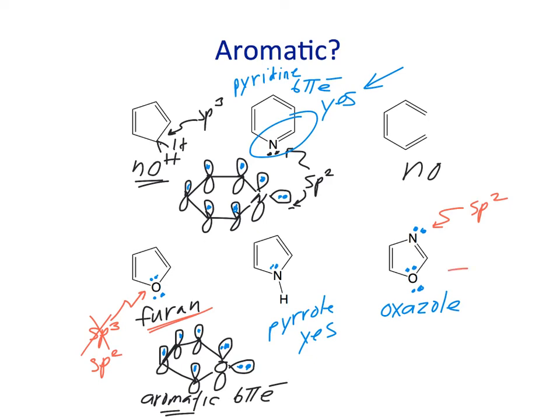So one of the pairs is going to be in sp2, and the other pair is going to be in the p orbital. All right? So then that gives us 2 electrons from the oxygen, 2 from the double bonds that are already drawn, gives us 6 pi electrons. This is aromatic.